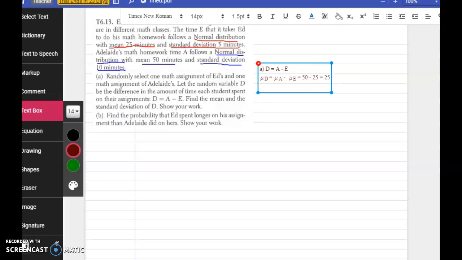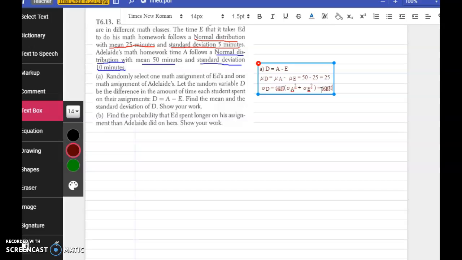The standard deviation of D, all right, and the formula for standard deviation, if you remember back, I made a couple of videos about this as well. Whether you take the sum or the difference of two variables, to find their new standard deviation, you take the square root of the sum of the variances, meaning you add Adelaide's variance to Ed's variance, and then take the square root. So if you do that here, we're going to take the square root.